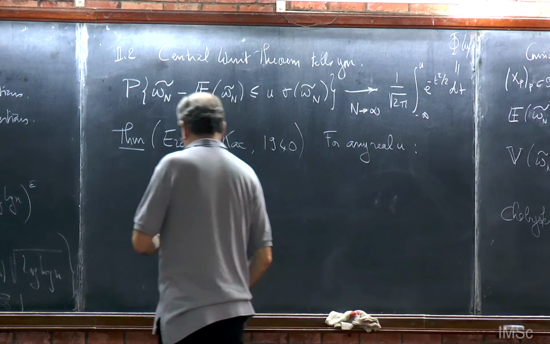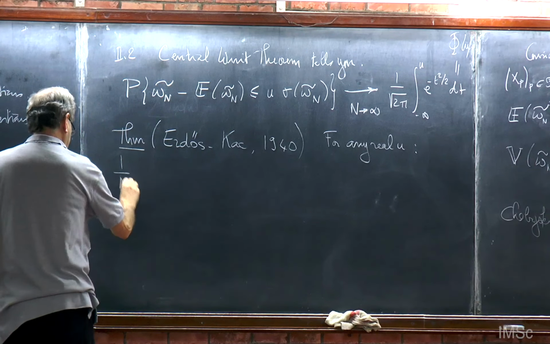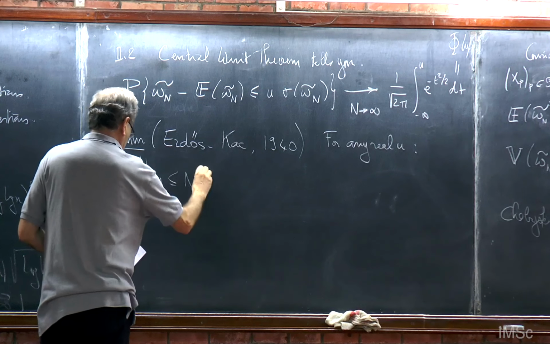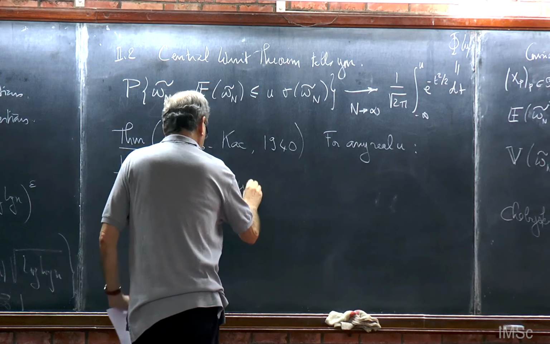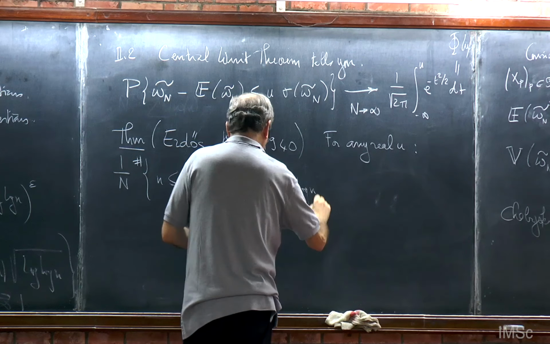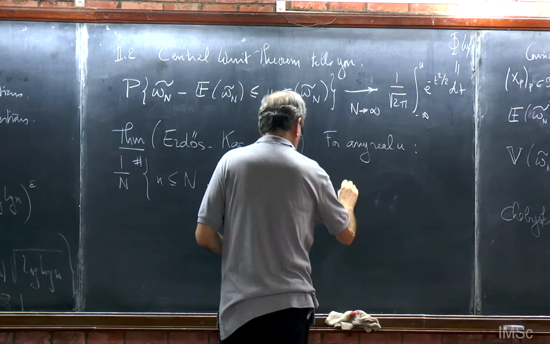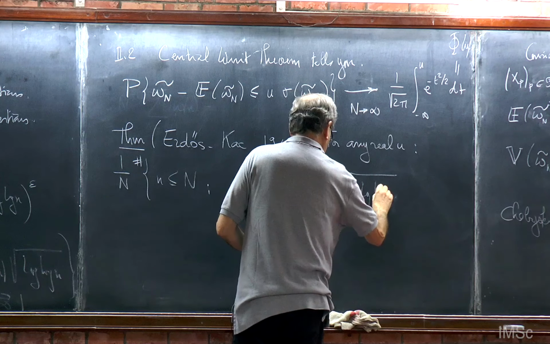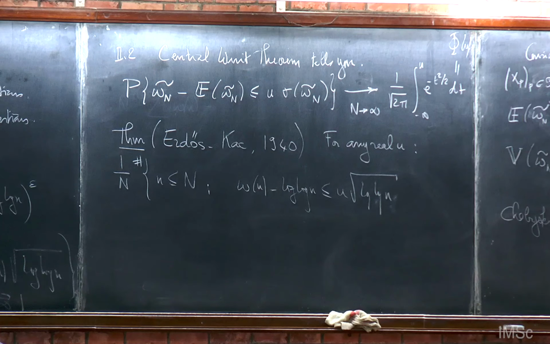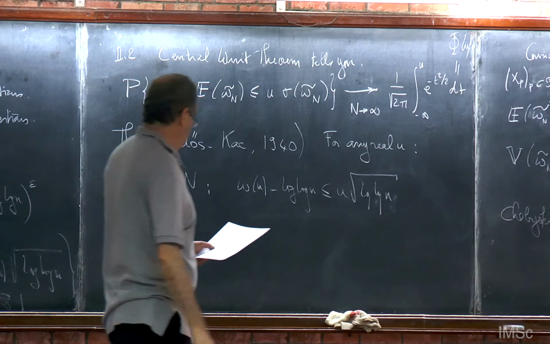we have the following: 1 over N, the cardinality of n up to capital N, such that omega of n minus log log n is smaller than u times square root of log log n. You recognize what is the mean value and what is the standard deviation. We computed that.